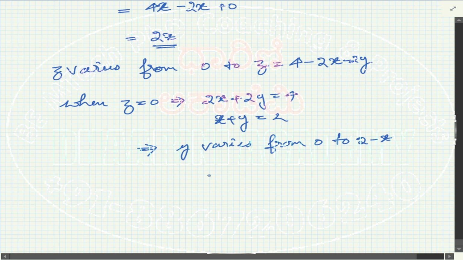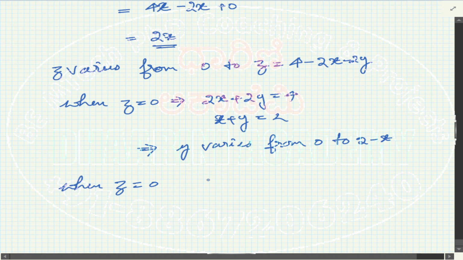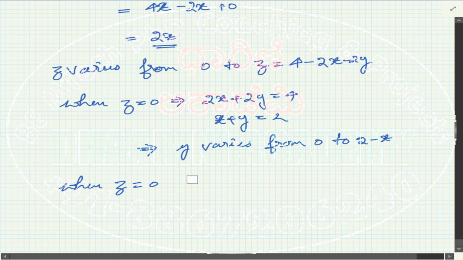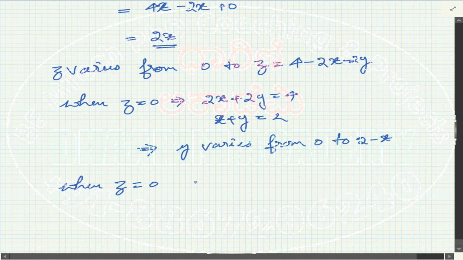Right, now we have the condition z is also 0 and y is also 0. So next condition, when z is equal to 0 and y is equal to 0, let us use the same equation.